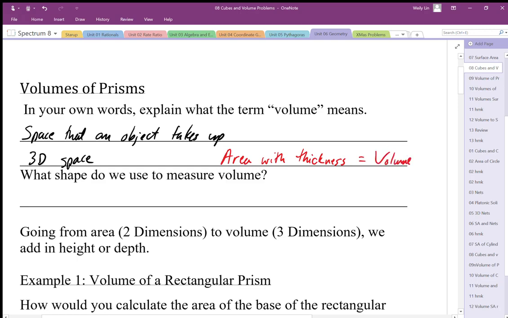And for the shape that we use to measure volume, we use cubes, because cubes are essentially when we take a square area and give that square area some thickness. We measure area with squares, so we're going to use cubes to measure volume.